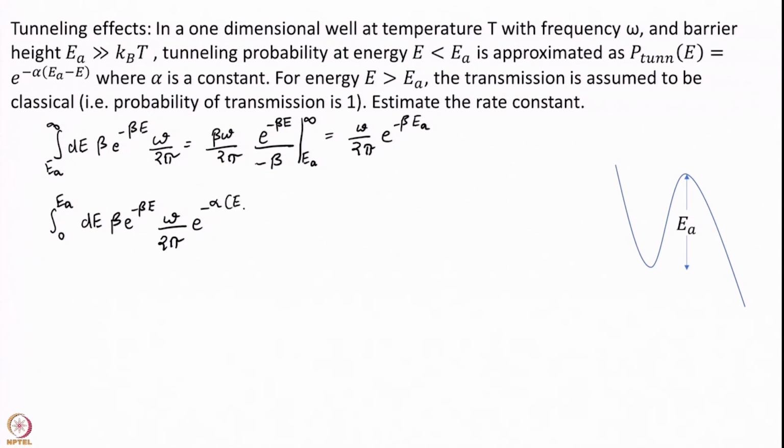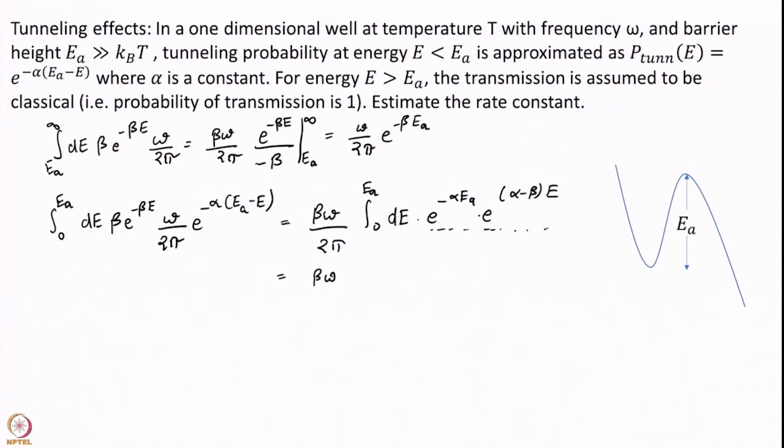e to the power of alpha Ea minus E. Well, this is also not hard really. Beta omega over 2 pi, you have to just be careful. Integral from 0 to Ea dE, e to the power of minus alpha Ea into e to the power of alpha minus beta E. I have just taken the exponential, separated this term out because it is a constant, and taken the parts that had E in common and taken them together.